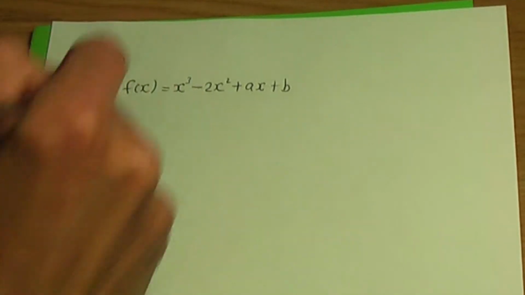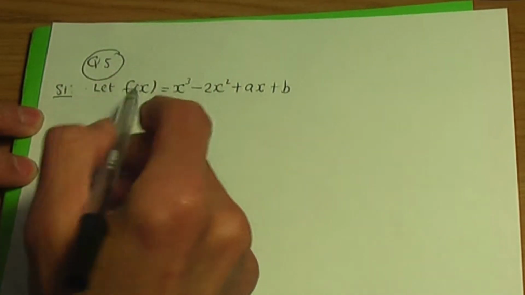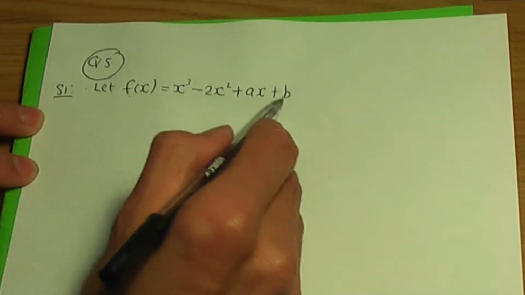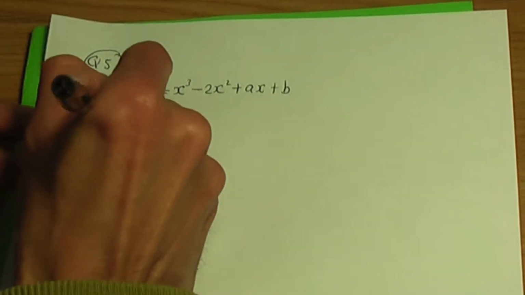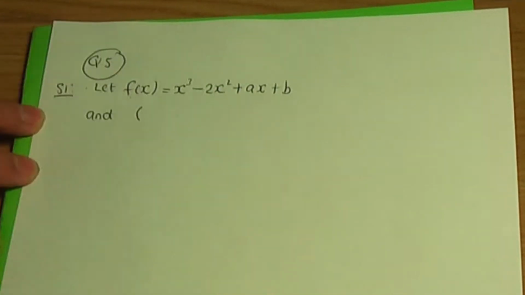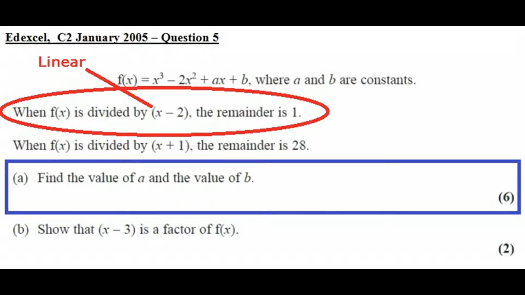Step number 1. To help us find that remainder, we let f of x be the polynomial, and that's been given to us in the problem. And we take the linear. So if we go back to the screenshot, I'm creating an equation using the remainder theorem for when f of x is divided by x minus 2.